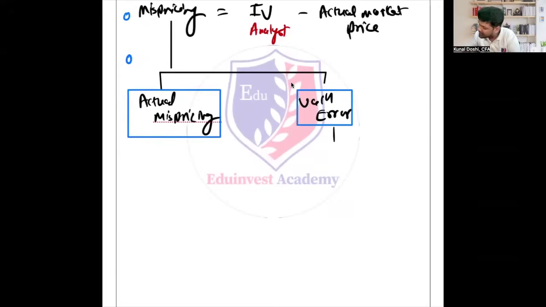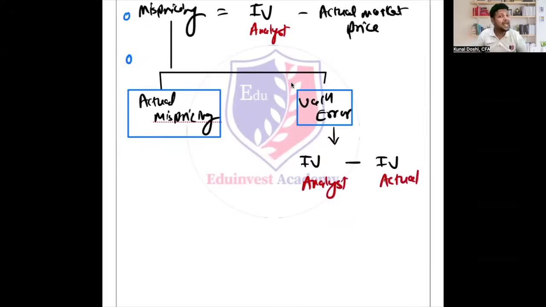So valuation error is basically the difference between the intrinsic values: one that the analyst thinks, and second, what actually is the actual intrinsic value, because analysts can also make mistakes, right? That's called my valuation error. And what is actual mispricing? Actual mispricing is, by the way, the deviation of the intrinsic value, what it should be.